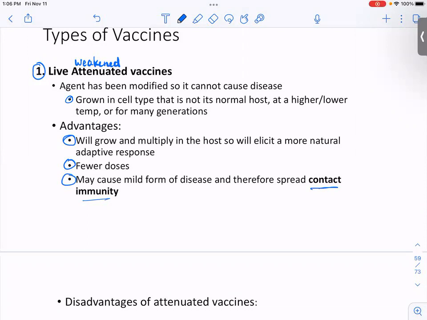Our cells will very naturally take up and present antigen, lots of different epitopes. So we generally get the best protection from vaccines that are attenuated, live organism. There are huge drawbacks with it. And the drawbacks are such that if we have any other option, we will take it and not use an attenuated vaccine.